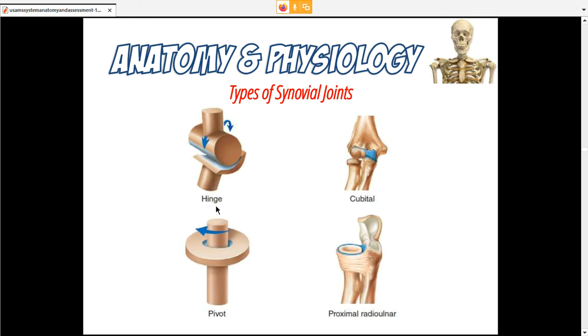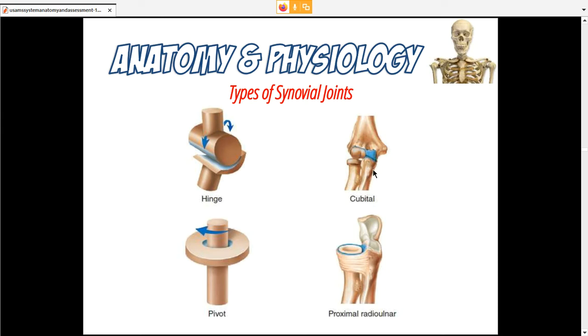Then the hinge joint, which is formed between the lower end of the humerus and the upper end of the ulna. If we look at the hinge of a door, the movement that takes place at the door is the same as what we identify at the elbow joint.